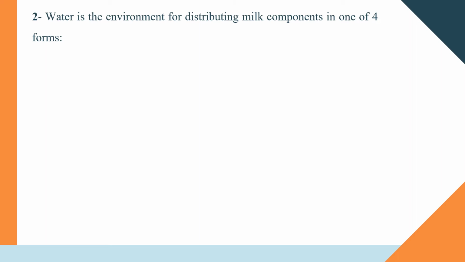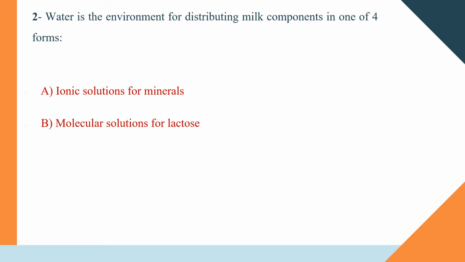Those solid components include fat, protein, lactose, minerals, vitamins, etc. All these components exist in water. And in fact, they exist in different forms in the water of milk. For instance, minerals exist in the water of milk as a true solution, whereas lactose exists as molecular solution. We can call both ionic solution and the molecular solutions true solutions.